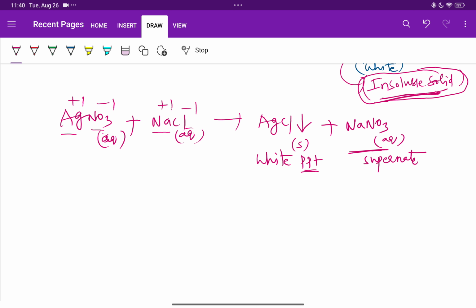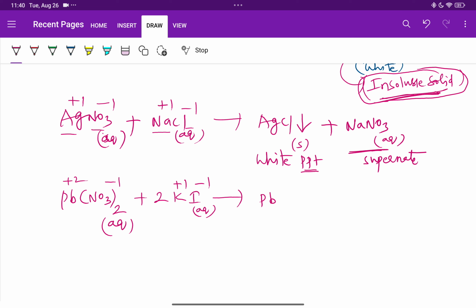So these two reactions are mainly called precipitation reactions, and a very important precipitation reaction we have is Pb(NO3)2, which is called lead nitrate, Pb +2, nitrate -1. Then it is reacting with potassium iodide aqueous salt solution, potassium +1, iodine -1.